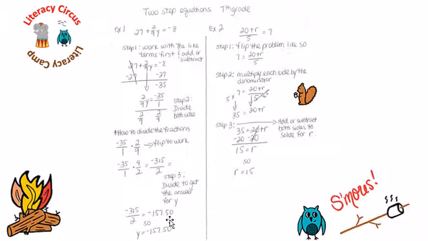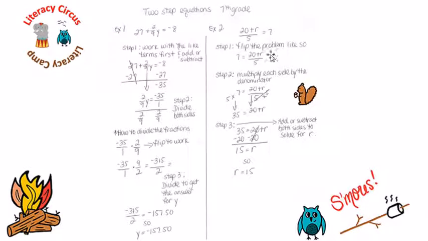You may get a 5, but it's actually 50, because the .5 is the same as .50. So y equals -157.50.